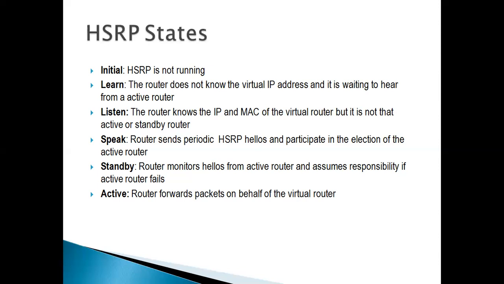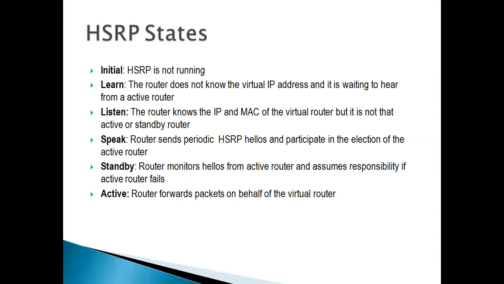The active router always processes the traffic on behalf of the virtual IP or virtual router, because we have set an IP address on the physical interfaces of both routers, and one IP is a virtual IP.